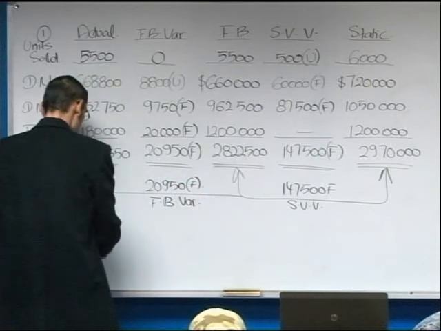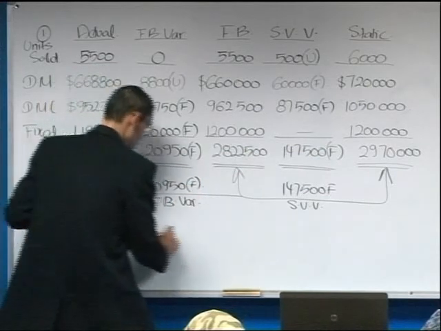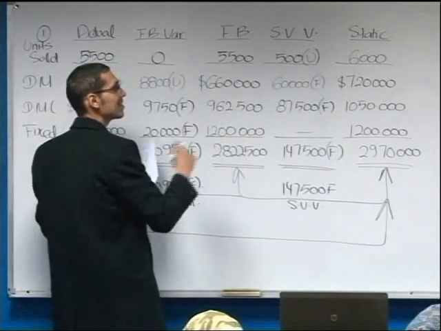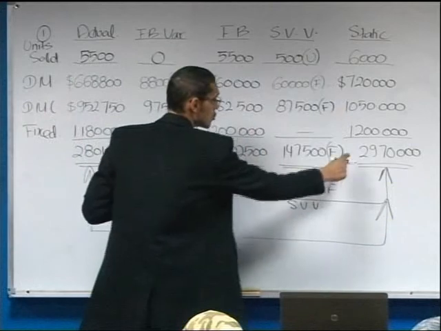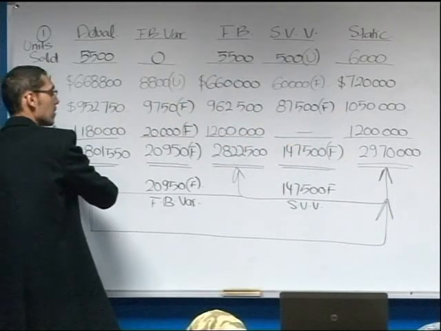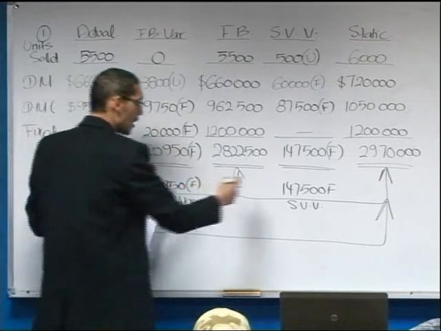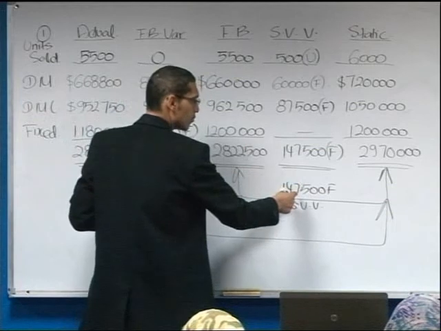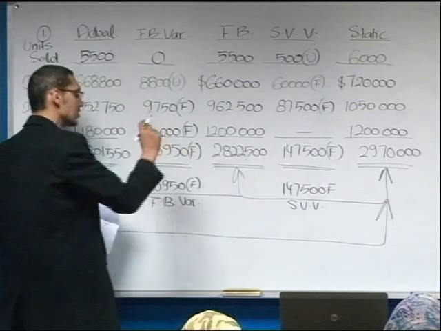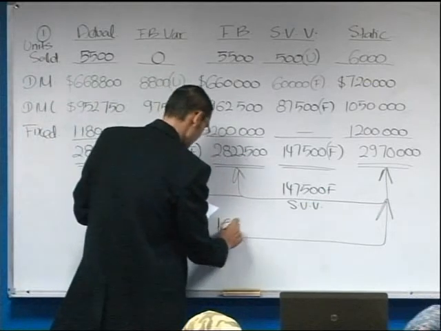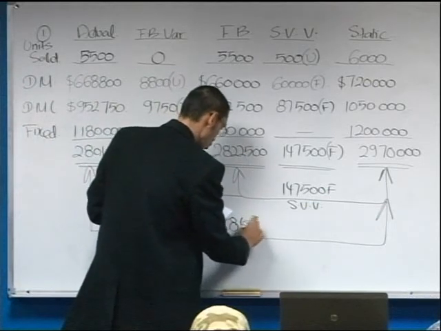And of course, the level 1 analysis is the difference between the static budget 2,970,000 and the 2,801,550, or the addition of these two numbers, the 147,500 plus the 20,950, which would equal 168,450.